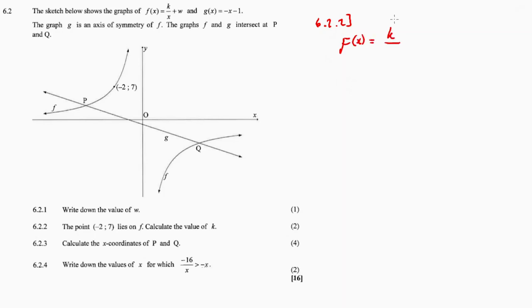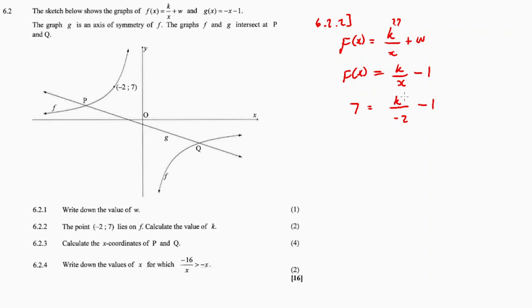I want the value for K. Let us substitute W, which was calculated to be negative 1. Yes, negative 1. The point passes through this function, where minus 7 is the y coordinate, equal to K over minus 2, which is the x coordinate. Voila. Now we can calculate K.